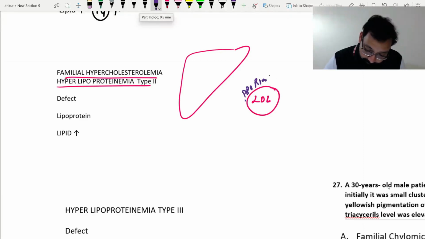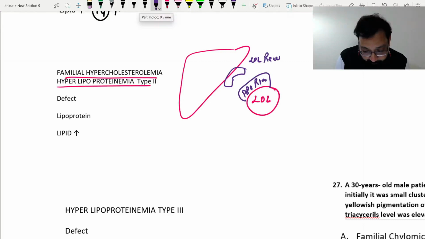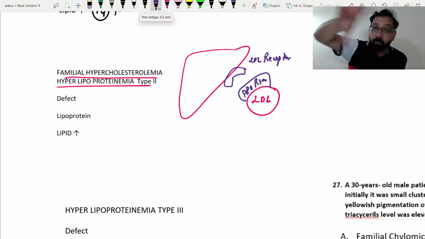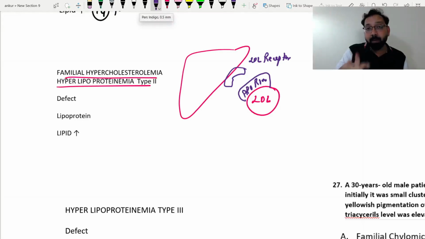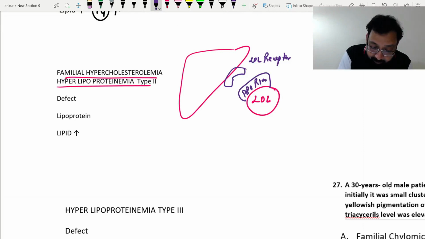This is ApoB100, which is present over LDL. Suppose this is the LDL receptor. Normally the liver takes LDL from peripheral blood vessels with the help of the LDL receptor, and this LDL receptor binds with ApoB100.